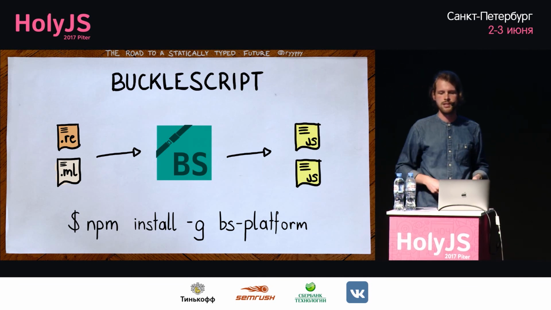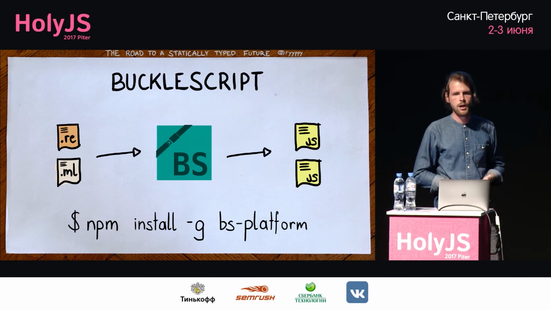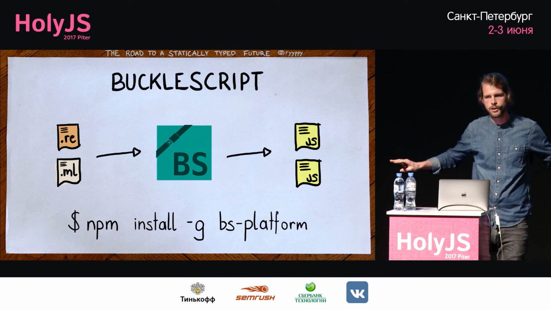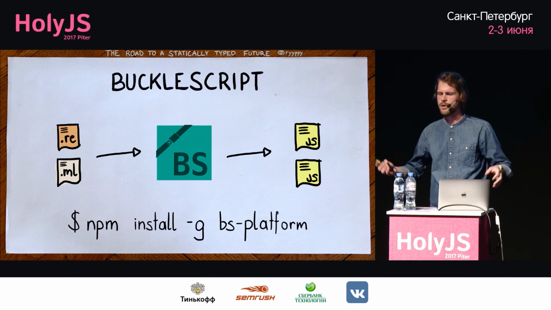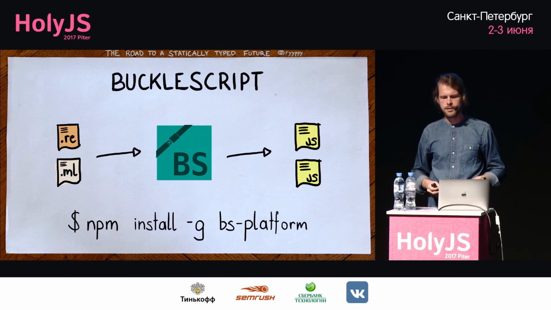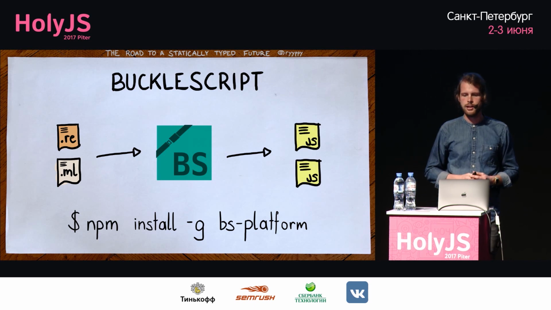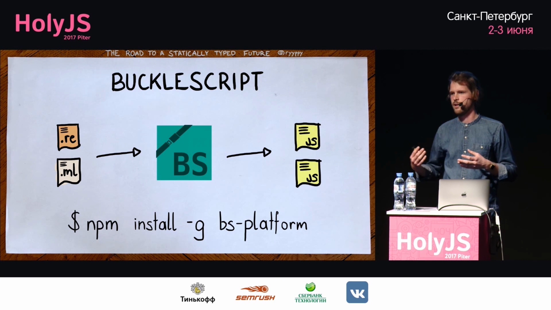So you just say npm install globally bs-platform and you have everything set. Now you can develop. And this is really nice. It's kind of like TypeScript does it, so you have one package to do it all. BuckleScript heavily uses Reason as well, so it understands the Reason syntax and the ML, which is OCaml. It reads it, parses it, and then emits JavaScript files.